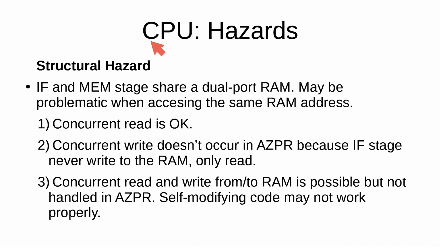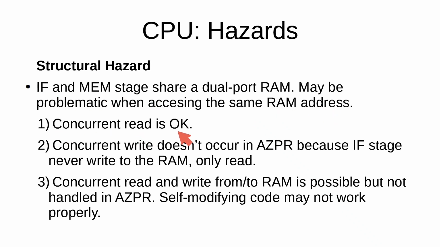Now let's talk about the CPU hazards. Structural hazard is one of them. In our processor design, we have the instruction fetch stage and memory stage sharing the same dual port RAM. And this may be problematic when accessing the same RAM address by the two stages.